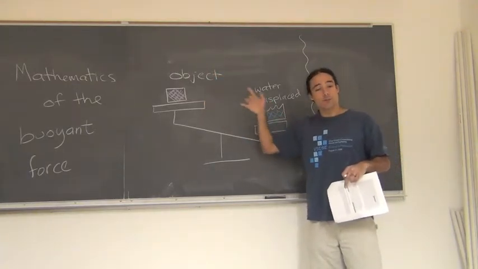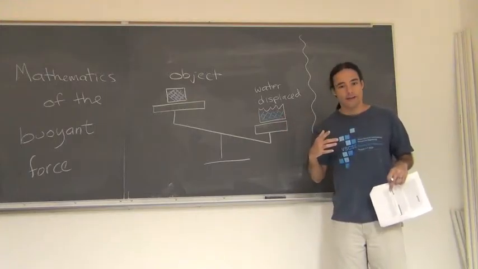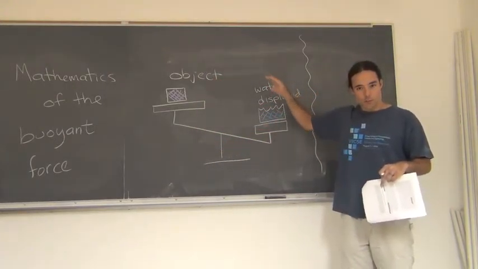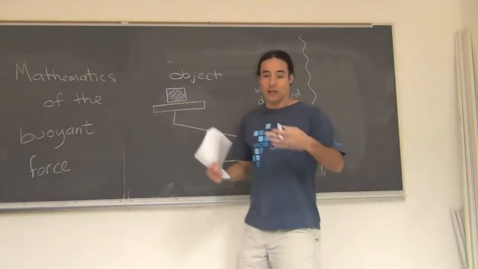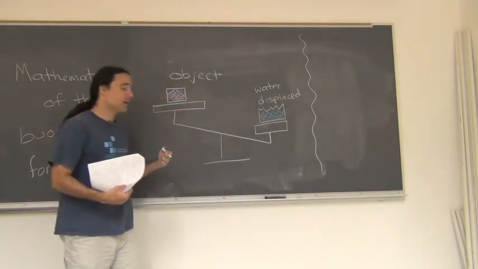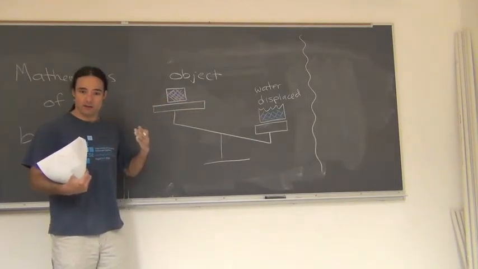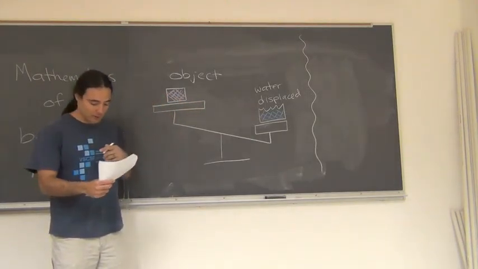However, if the object is more massive than the water I'm trying to displace, the object would sink and the water displaced would go. It's just a matter of density. Which of them is going to have more mass? And it's going to depend on the density of the object and how much I submerge it.